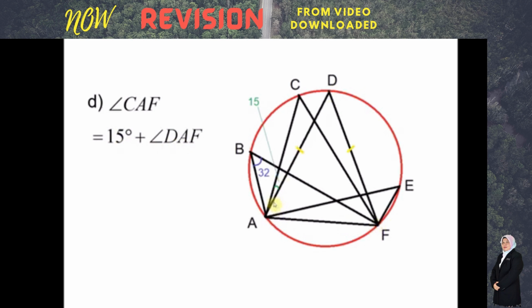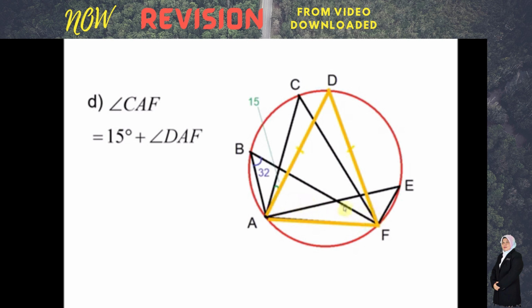Angle DAF is from this orange triangle. Notice that this line and this line are the same. Hence, this is an isosceles triangle, meaning the base angles DAF and DFA are equal.